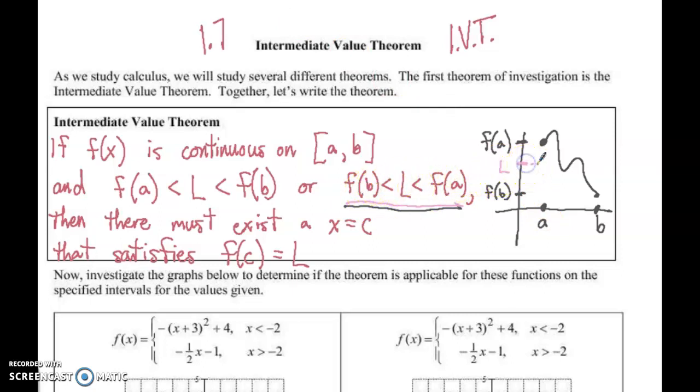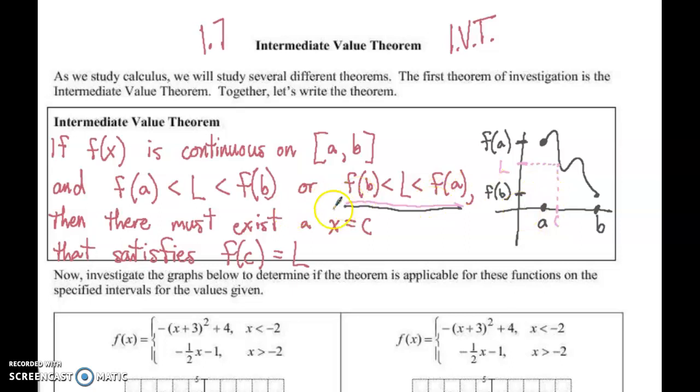Well then, as I go across, because this function is continuous, remember in pre-calculus we said it's continuous if you put your pencil on the page and you never leave the page, then there must be a c value right here. Hold on.